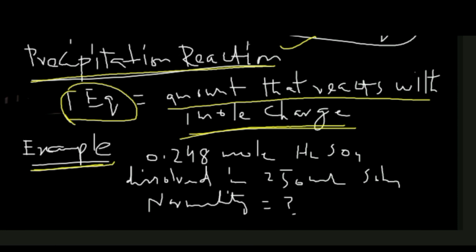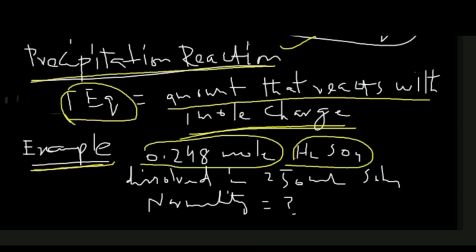You can take the example of determination of normality in the case of sulfuric acid. If we have 0.248 mole of sulfuric acid dissolved in 250 ml of solution, what will be the normality of this solution?